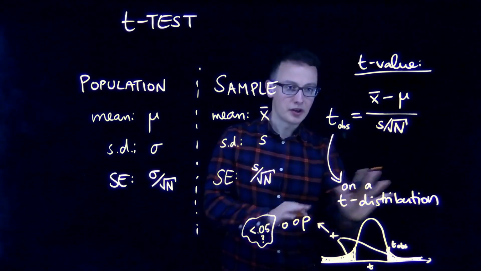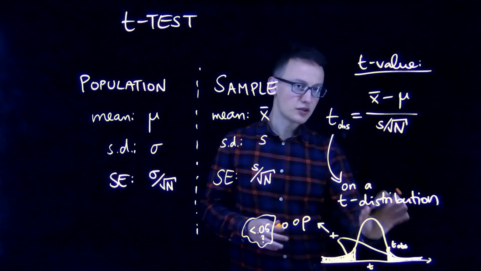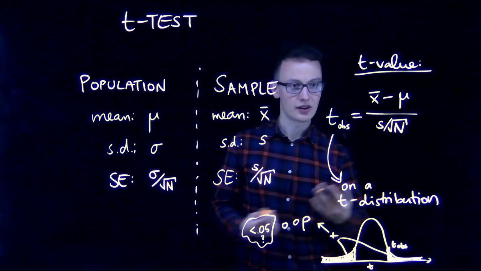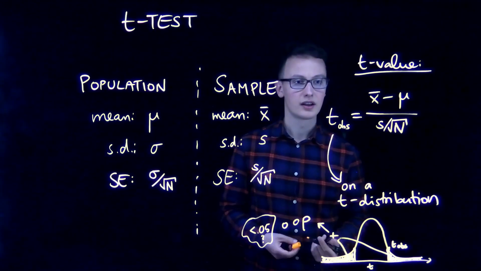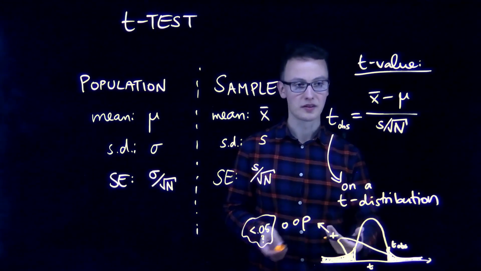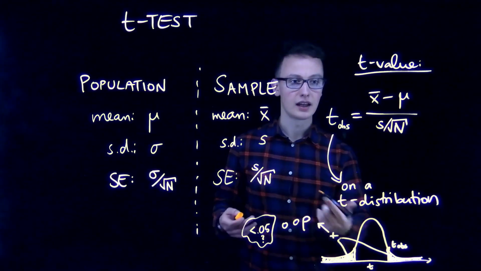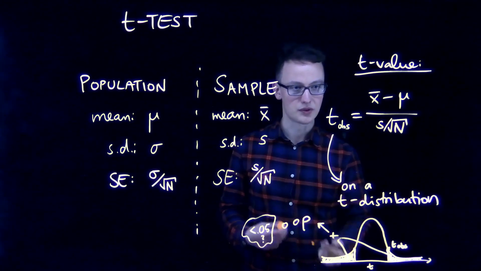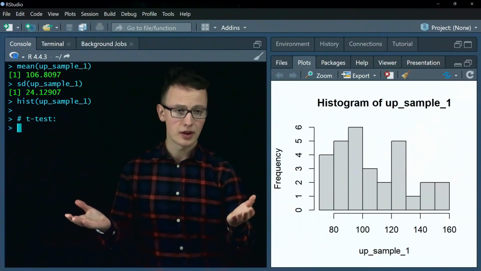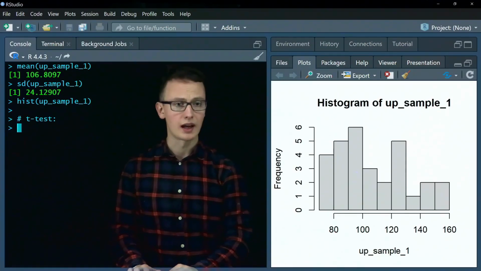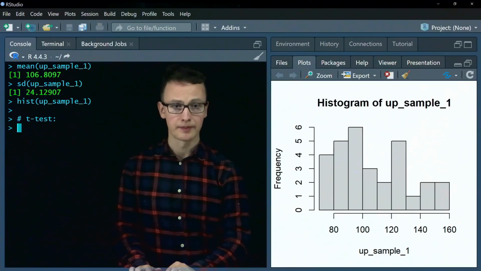I'm not going to show you the equation for the t-distribution, but we can actually directly compute and work with t-distributions in R using certain commands, certain functions. So that's what we're going to do next in the example with the IQ scores that we saw previously. So back in RStudio, let's see how we can apply the t-test to our example.